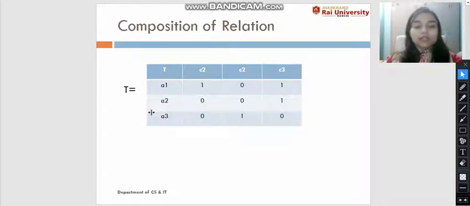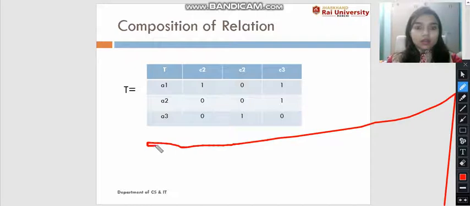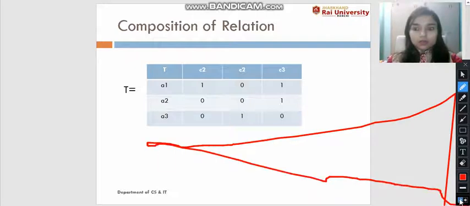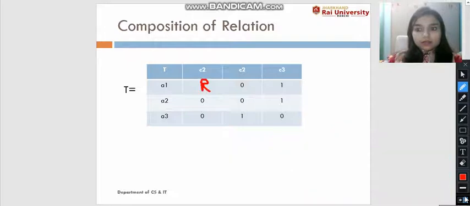So this is our T, which is T equal to R dot S, and if you remember, T is defined on X and Z. The elements of X are A1, A2, A3 and the elements of Z are C1, C2 and C3.